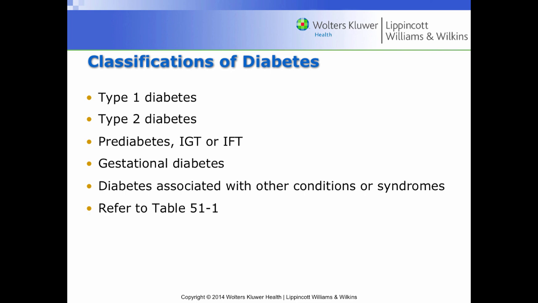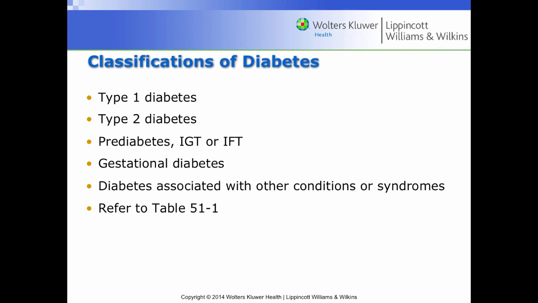IFG stands for impaired fasting glucose. Impaired glucose tolerance is diagnosed through the oral glucose tolerance test. Impaired fasting glucose is an abnormal fasting glucose, right? That's what diagnoses that. So the pre-diabetic label really depends on the diagnostic test.